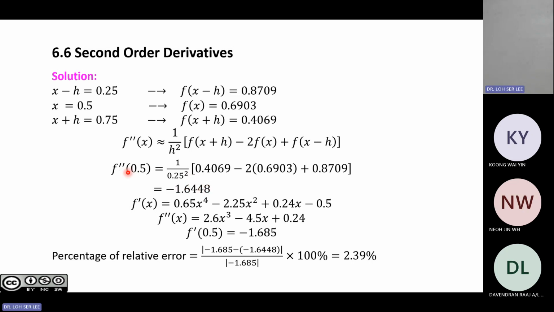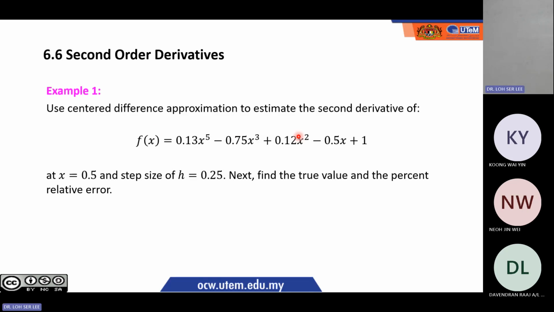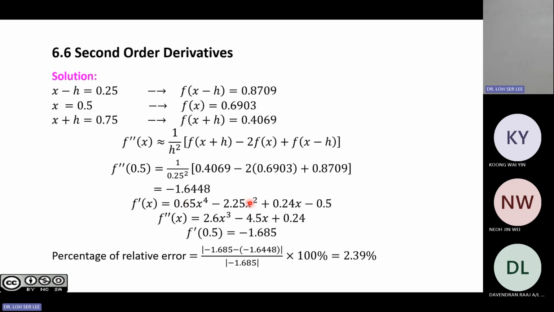For the true value, we just differentiate this function twice. Differentiate f of x once, you get f prime. Differentiate once again, you get f double prime. When you substitute 0.5 into this, you get the true value.